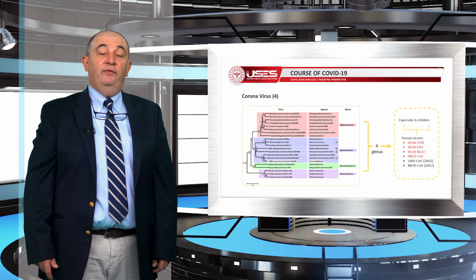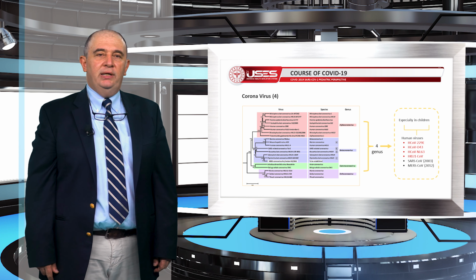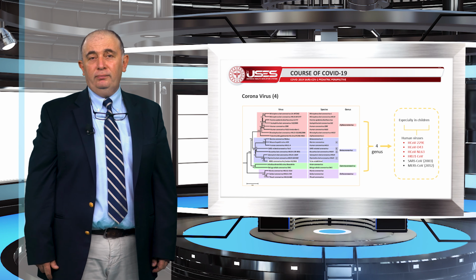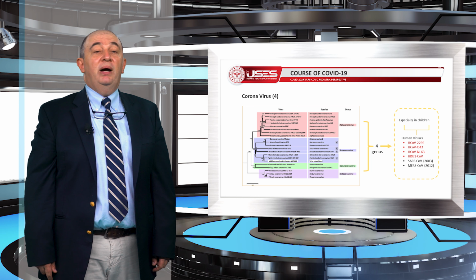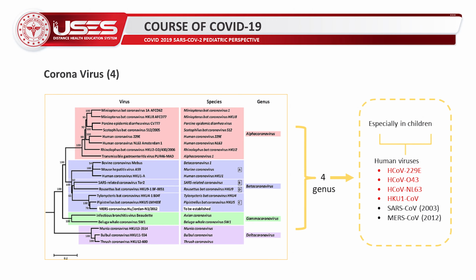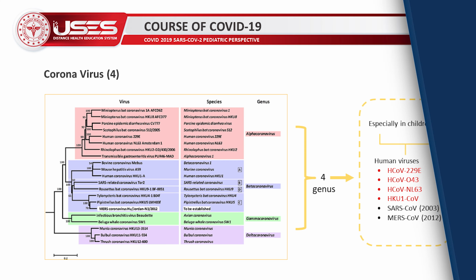One originated from bats again and went to humans through cats, the other through cows and camels. But these two small epidemics, both SARS-CoV and MERS-CoV, infected more than 2,000 patients and resulted in the death of 800 patients.